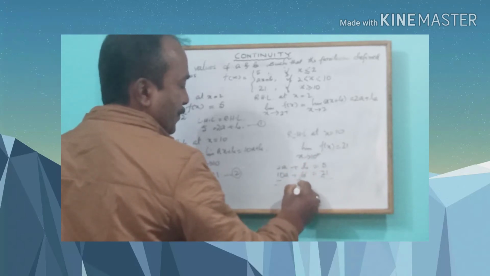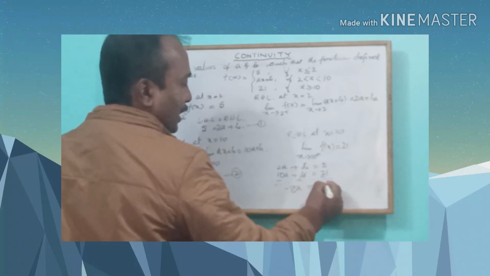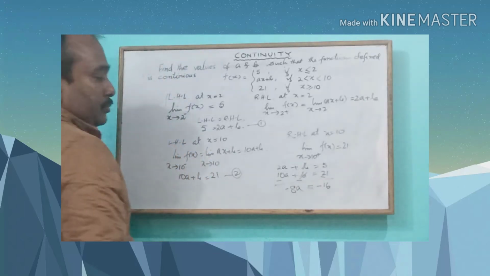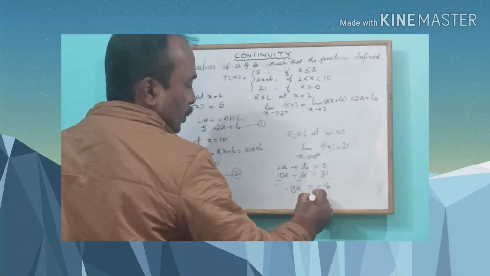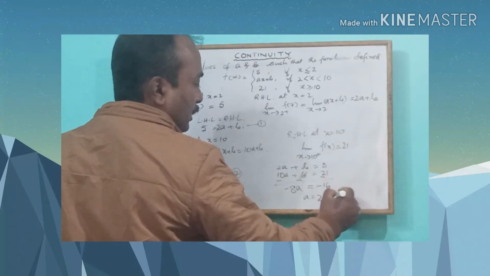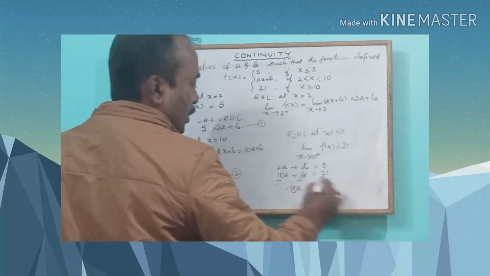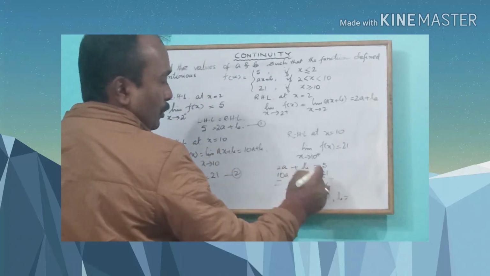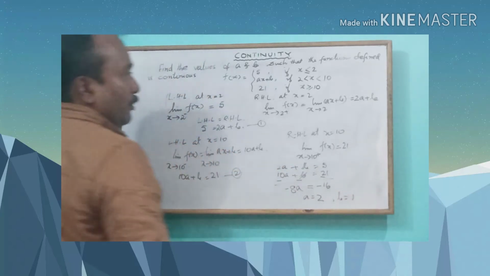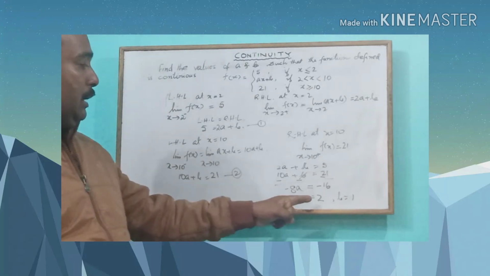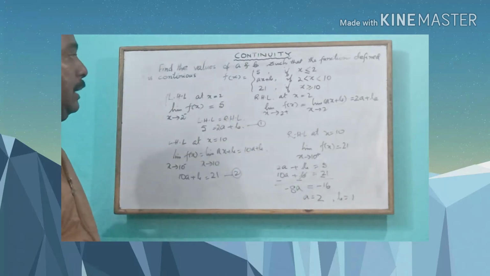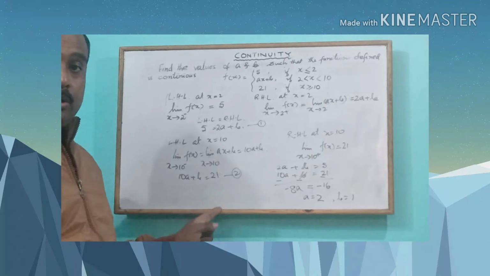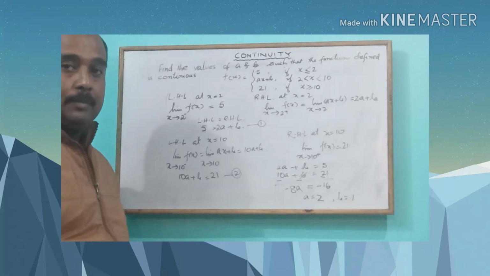Minus 8a equal to minus 16. So a is equal to 2 and b will be how much? a is 2, then 4, b is 1. The values of a and b are 2 and 1 when the function is continuous. I hope you have understood. Let us see the next example.